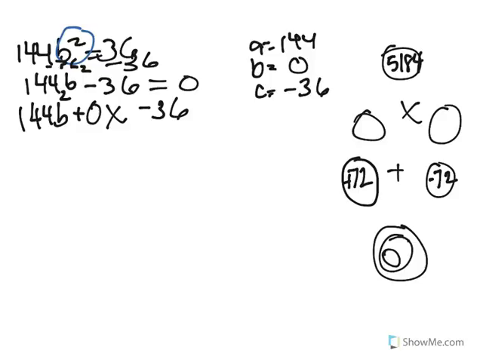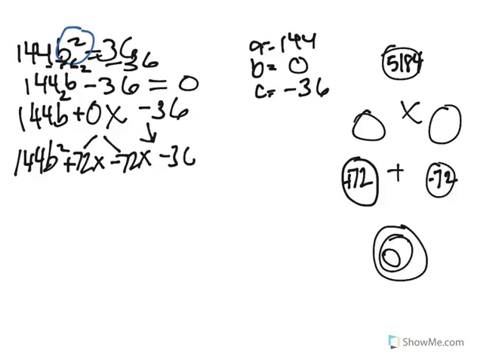Okay? So now we will just split the b term as we ordinarily would, and we're going to split it into 72b and negative 72b. Bring this down.